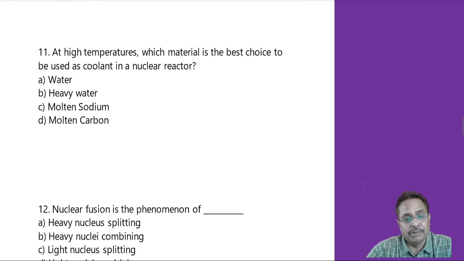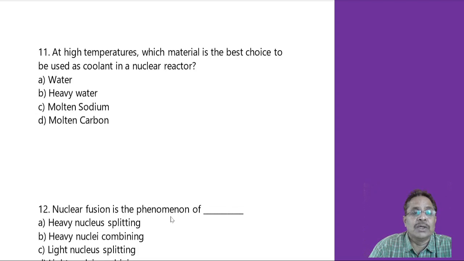Then question 11, at high temperatures, which material is the best choice to be used as coolant in a nuclear reactor? So water is first option, heavy water is second option, C is molten sodium, and D is the molten carbon. So in nuclear reactors, at very high temperatures, the water boils at only 100 degrees Celsius.